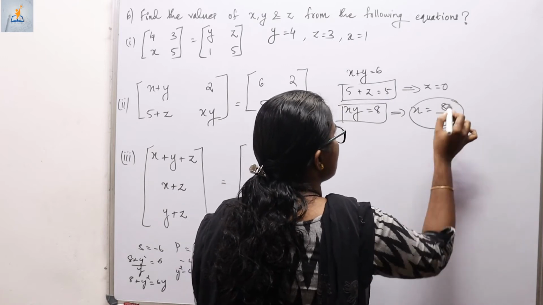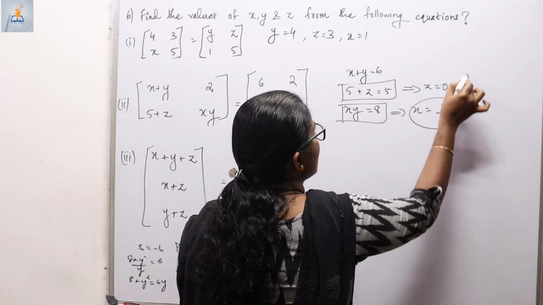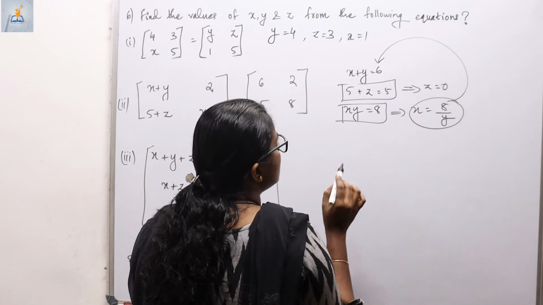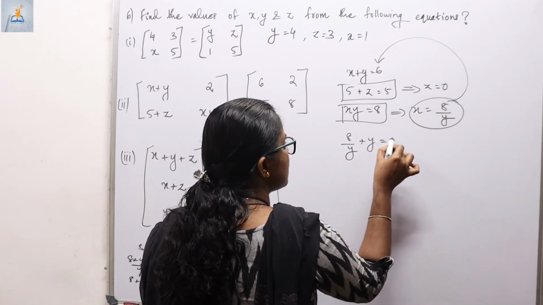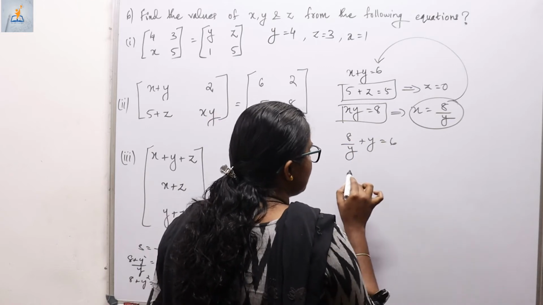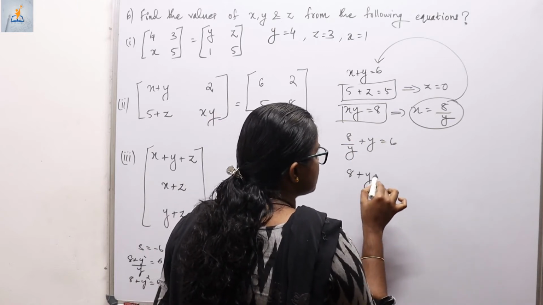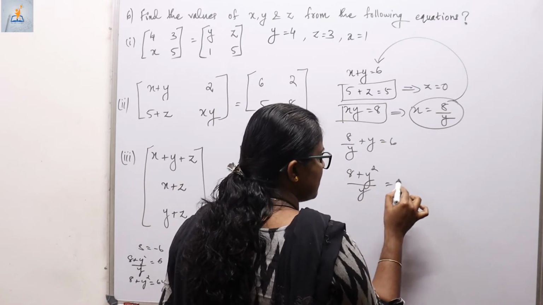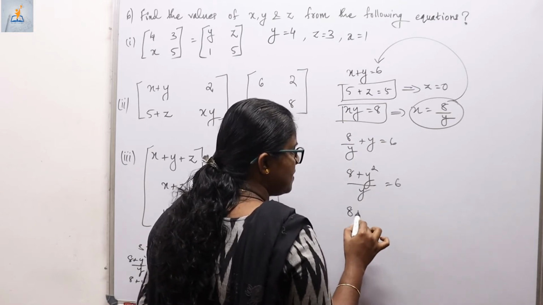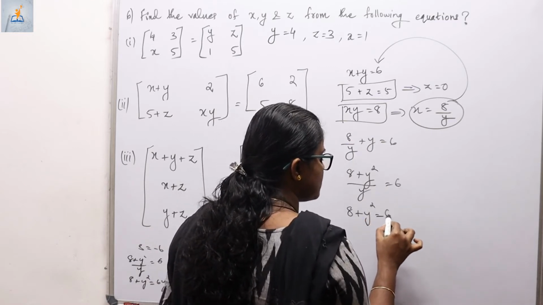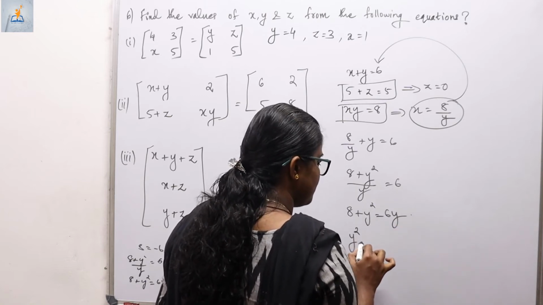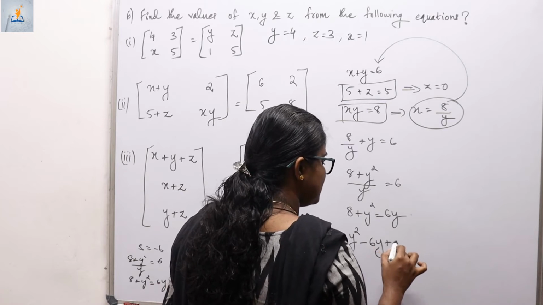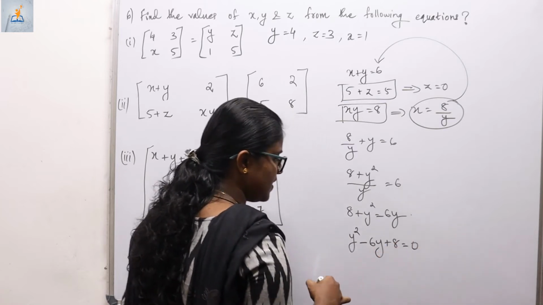Substituting the value of x as 8 by y in this equation, we will get 8 by y plus y is equal to 6. And again 8 plus y square by y is equal to 6, that is 8 plus y square is equal to 6y, and we get y square minus 6y plus 8 is equal to 0.